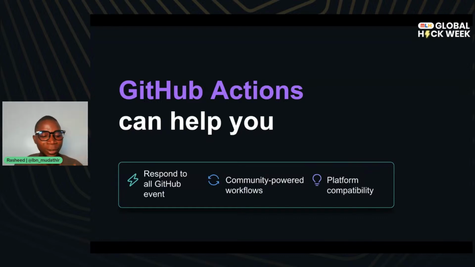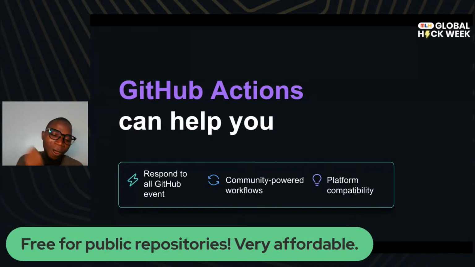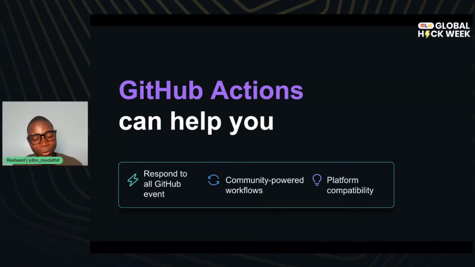Some of our other benefits: everything is on GitHub, and it listens to all GitHub events. Every event that happens on your GitHub repository, GitHub Actions listens to it. Another important benefit is that it is community powered. It's open source, and everybody can come and contribute actions.